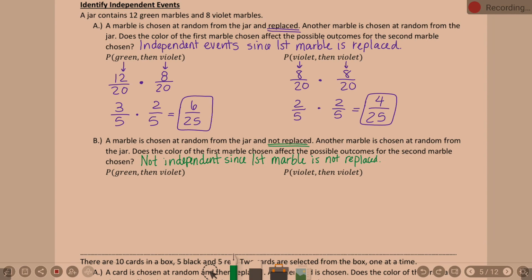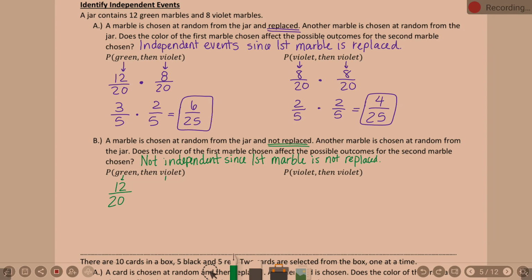Okay. We're being asked the same exact two questions as previous. So the probability of a green marble and then a violet marble. So, probability of a green marble on your first draw. What was it? 12 out of 20.